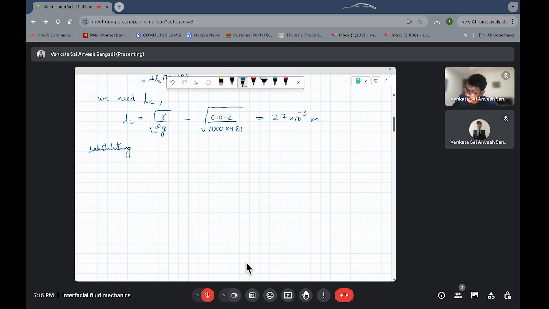Substituting the values into our equation, we have R is equal to 0.001 by 2 pi into 2.7 into 10 power minus 3 into sine of 120 by 2.